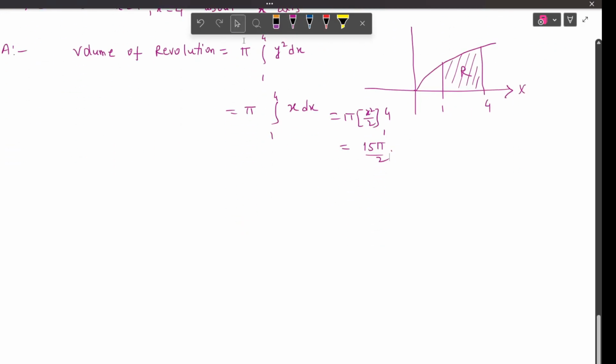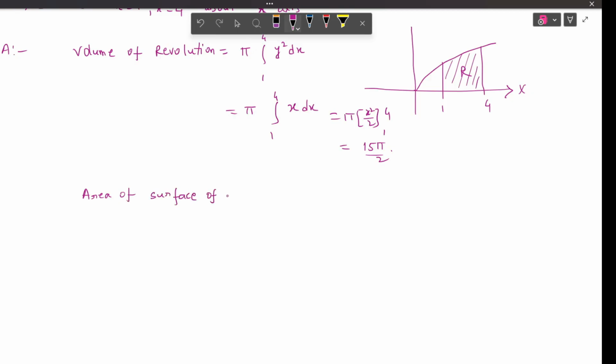Now let us see what will be our area of surface of revolution, which is 2 pi integration 1 to 4 y square root of 1 plus dy by dx whole square into dx.